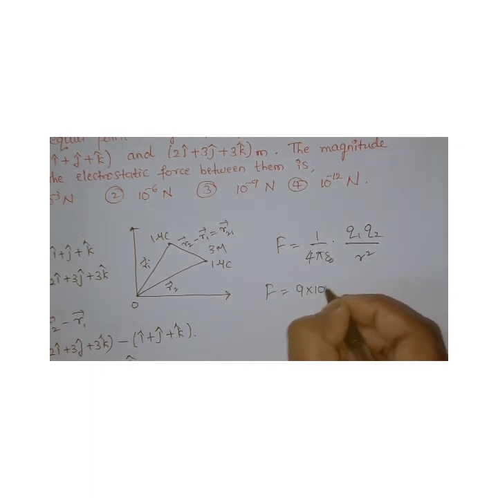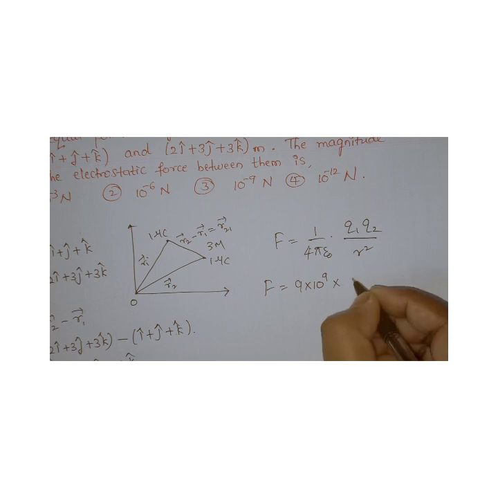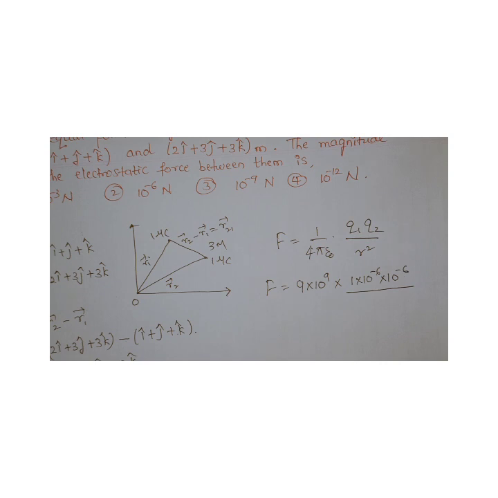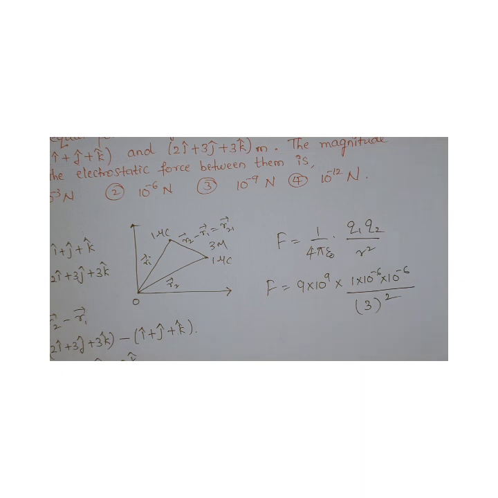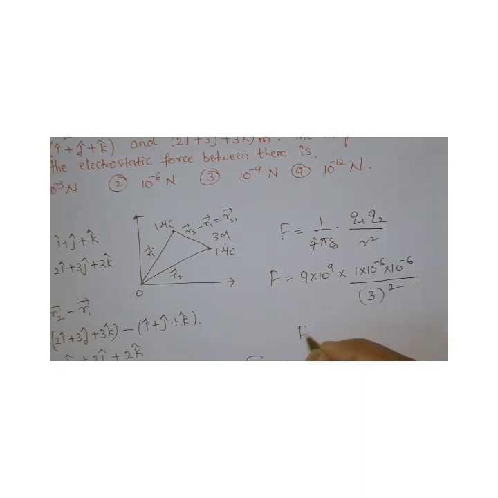So F equals 9 into 10 raised to 9 into 1 microcoulomb, 1 into 10 raised to minus 6 into 10 raised to minus 6. You can take it directly, you need not write 1. But here it is 3 meter, so 3 meter square. So therefore F equals, you can solve it, right?